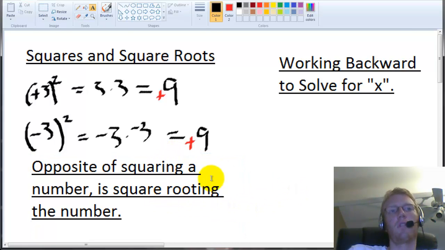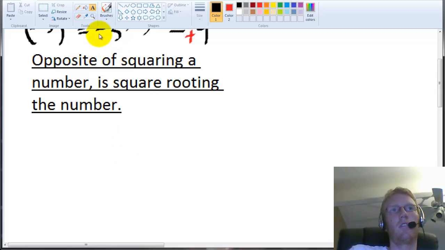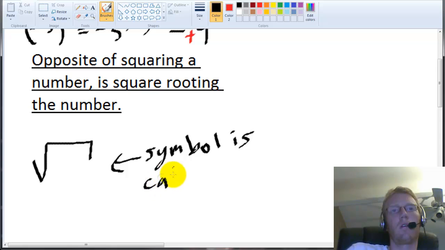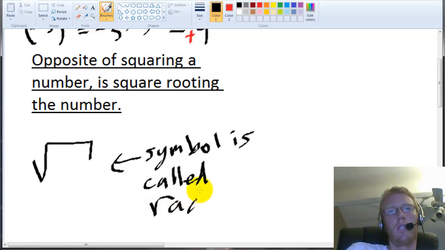The opposite of squaring a number is square rooting the number. The syntax or notation for taking a square root is the square root symbol. This symbol is called a radical, and you use the radical symbol to take a square root of whatever's inside. So that symbol is called a radical.